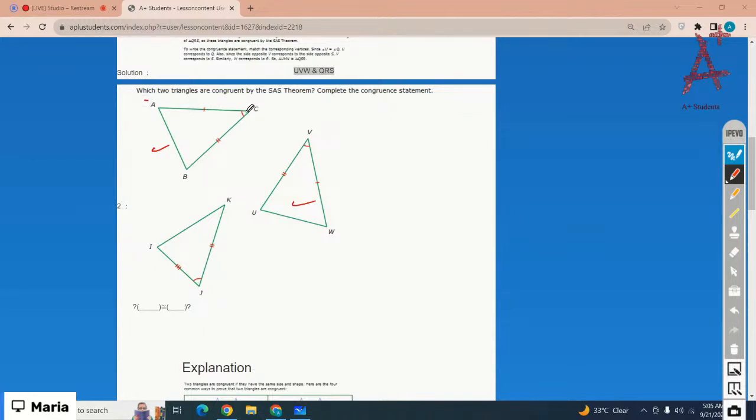You can see AC is congruent to UV, BC is congruent to VW, and angle C is congruent to angle V. So ABC and UVW are congruent by the SAS theorem, right? Okay.